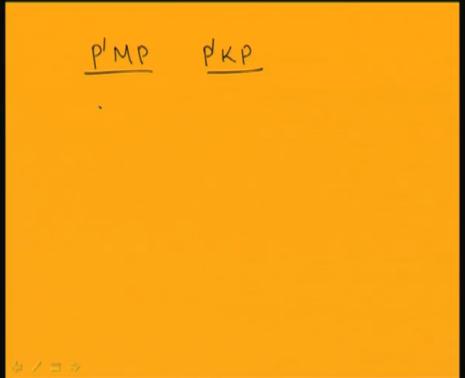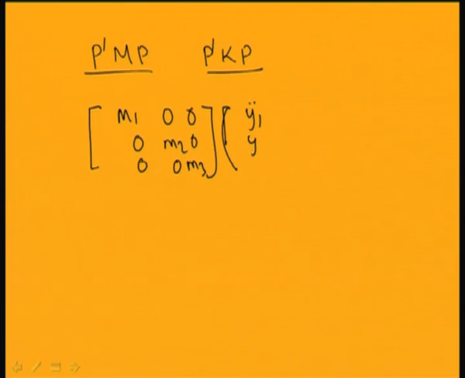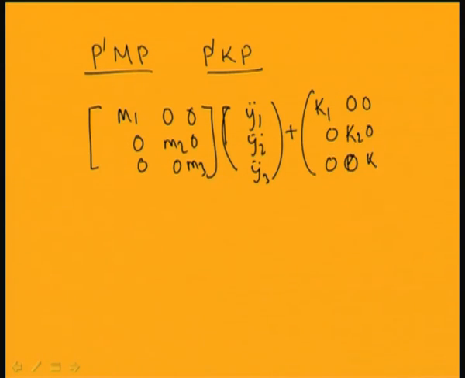So, this equation will be written in this form: M1 0 0, 0 M2 0, 0 0 M3 into Y1 double dot, Y2 double dot, Y3 double dot, plus K1 0 0, 0 K2 0, 0 0 K3 into Y1, Y2, Y3 equal to 0 0 0.